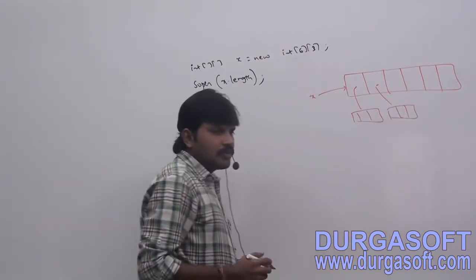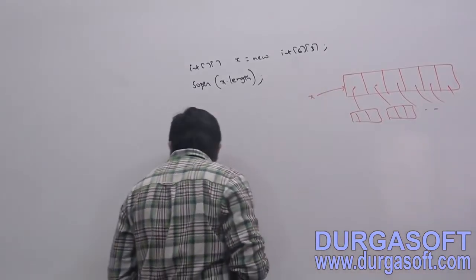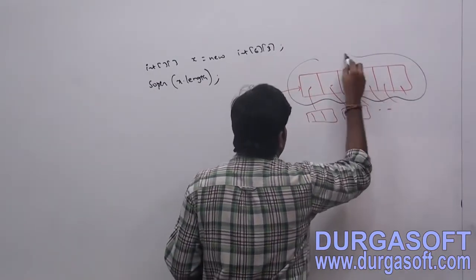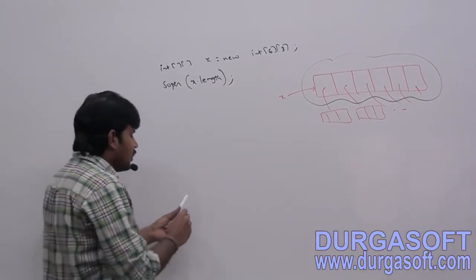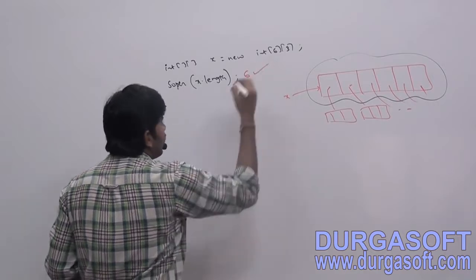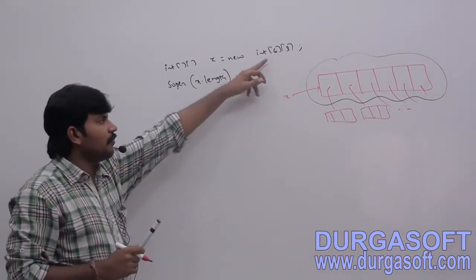So X is basically a one-dimensional array only. What about its size? It is 6 only. In multi-dimensional arrays, the length variable represents only the base size.